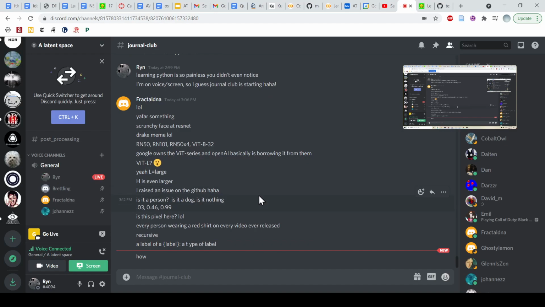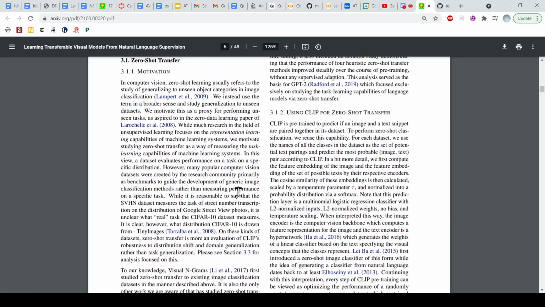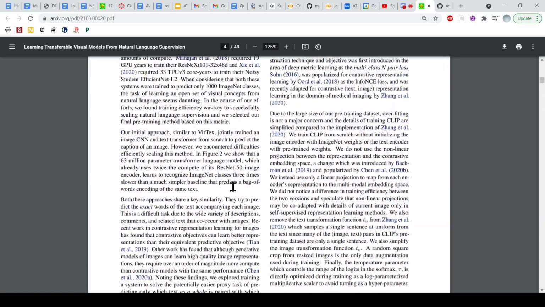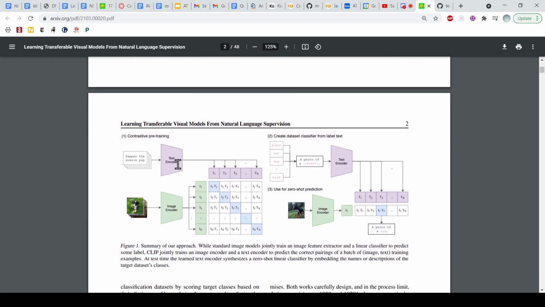How what? Oh, how to average them? So you take the output of the, and I think this is what they're talking about generally, but you take the, let me scroll up. This is a long paper. It's a good paper. It's very long.